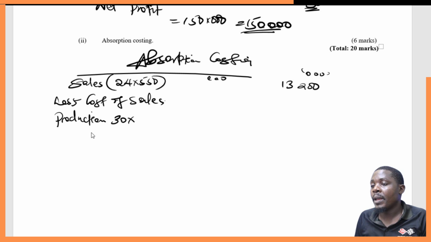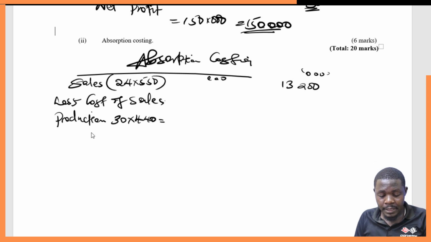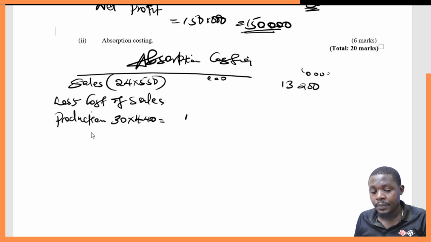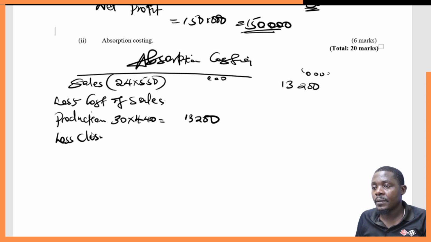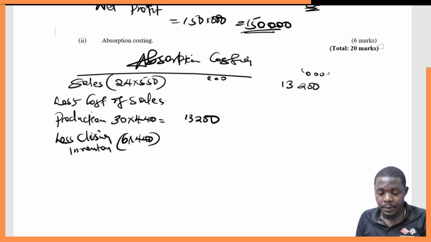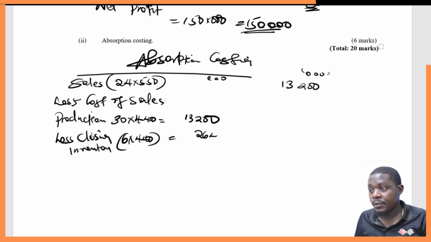Production was 30 multiplied by what? 440. 30 multiplied by 440 is 13,200. We have less closing inventory, that was 6 multiplied by 440, that is 2,640.